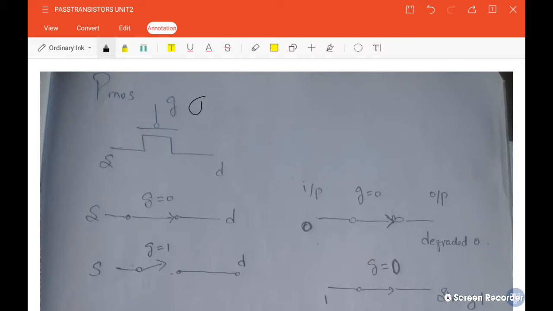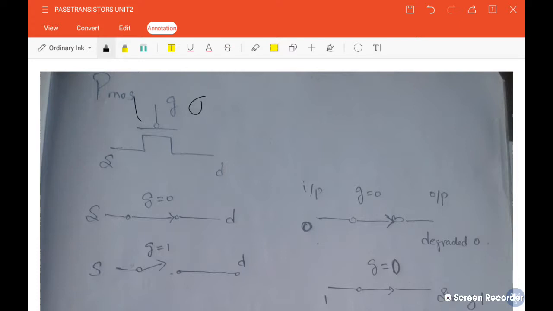So when you give gate 0, the switch is closed between source and drain, and whatever data is available at the source is transmitted to the drain. Similarly, when gate is equal to 1, that is when a high input signal is given to PMOS, there is no contact between source and drain because it is an open switch now. So no output is passed.